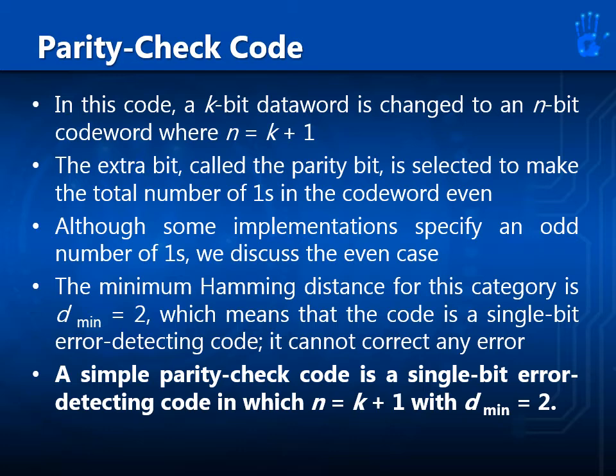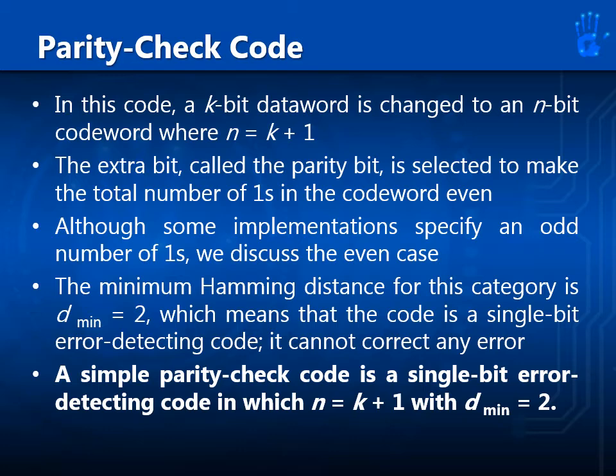If the parity bit forces the total number of ones in the code word to be even, this is called even parity. Likewise, if the implementation forces the number of ones to be odd, this is called odd parity.